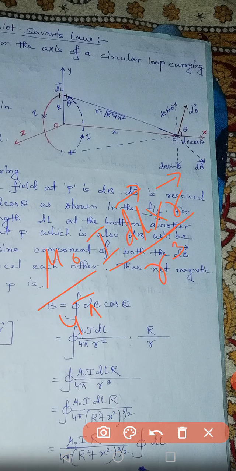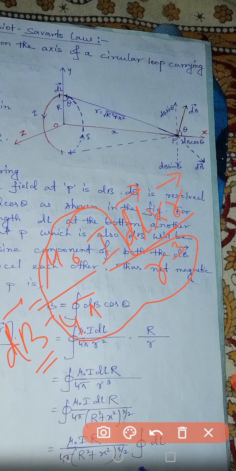Then here you see this theta, and this side what we have is dB on the left hand side. So this part is a scalar one. The direction of dB depends on this dl cross r, the cross product.